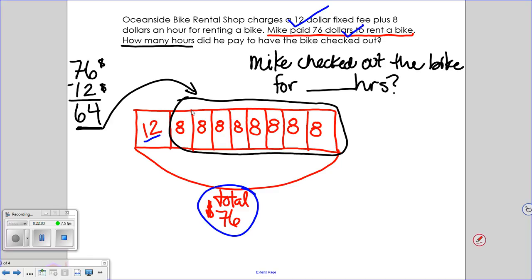Now before we get there, Jaden, let's double check to make sure that we did this right. What could I do to make sure that everything in my bar equals my total number? I'm going to give a check to my $8 an hour because we just did that.